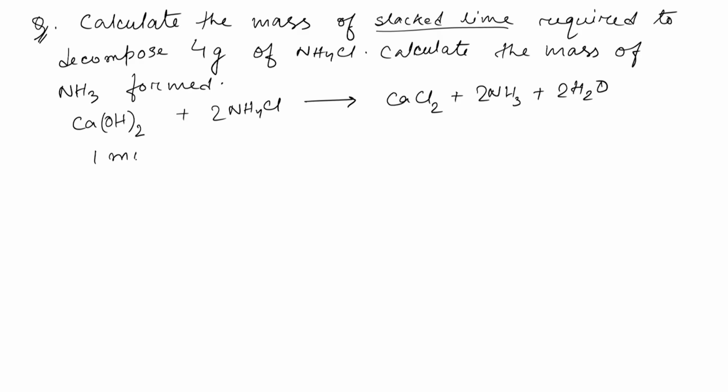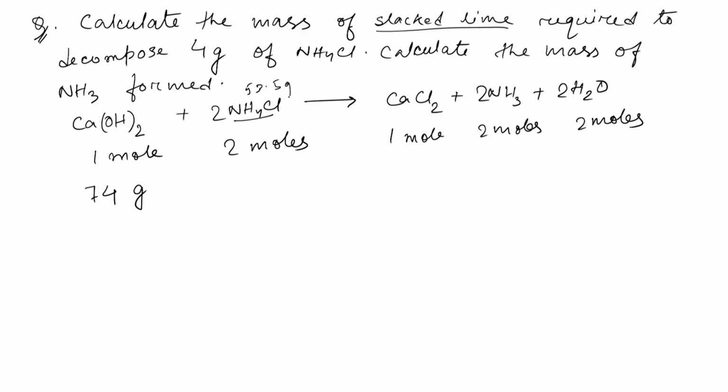So, 1 mole of calcium hydroxide reacts with 2 moles of ammonium chloride to form 1 mole of calcium chloride, 2 moles of ammonia and 2 moles of water. Okay. Now, molecular weight of calcium hydroxide is 74 grams. Molecular weight of ammonium chloride is 53.5 grams multiplied with 2, so 107 grams.